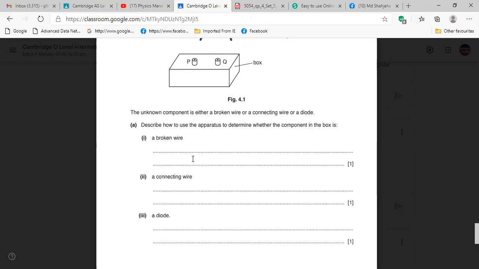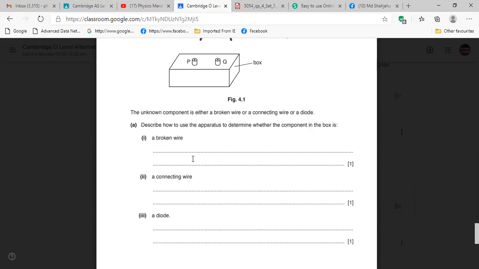And what Ifaz wrote? Sir, for the diode, I wrote that the bulb will not be very bright. Can I write that? Say again. The bulb will not be very bright.